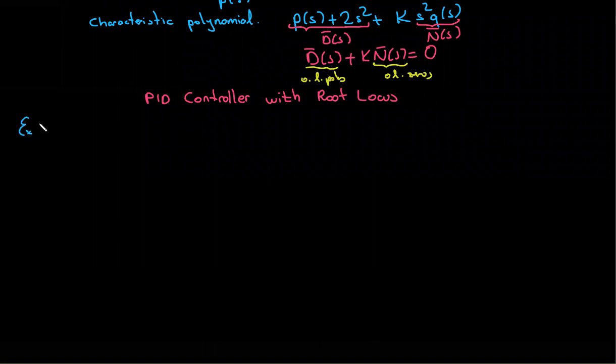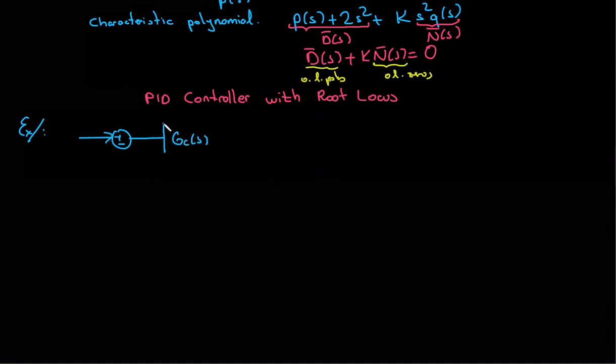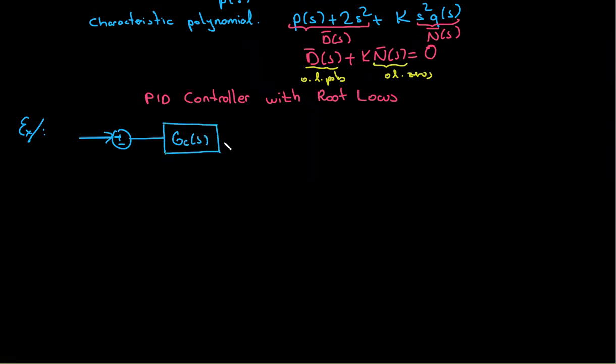Consider a feedback system where I have my controller here, GC of S, and then your plant, let's say G of S, with a unit feedback system for the time being.